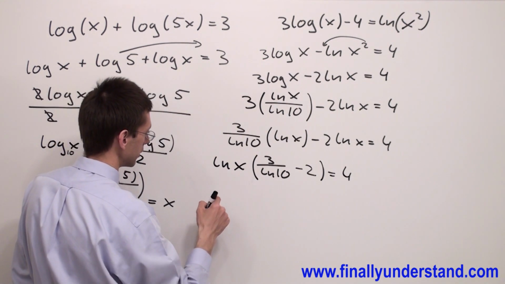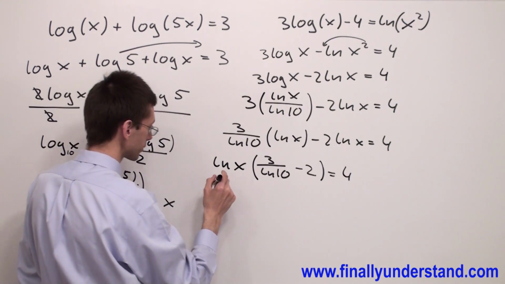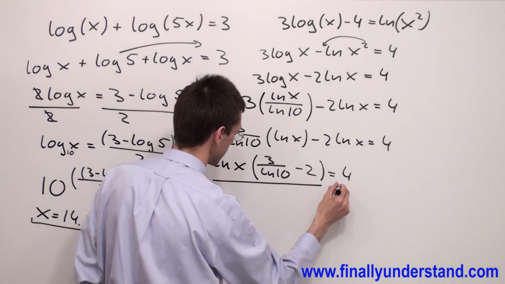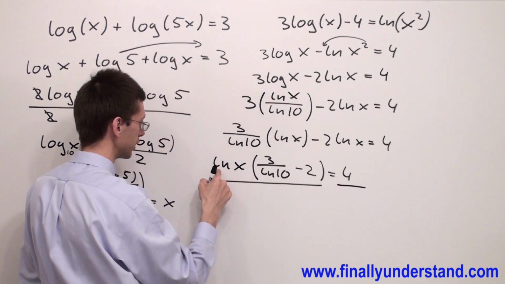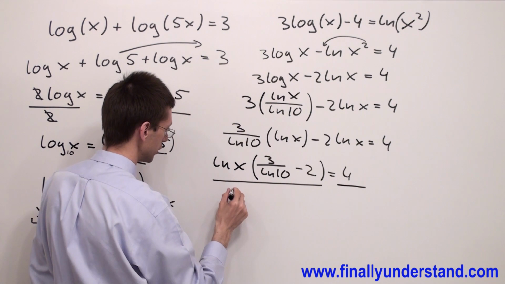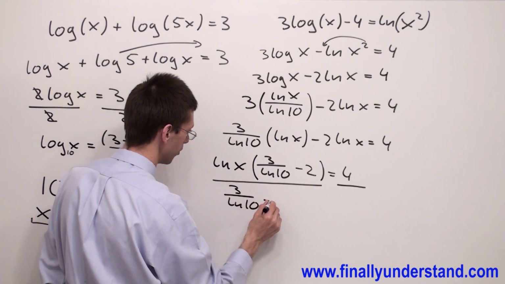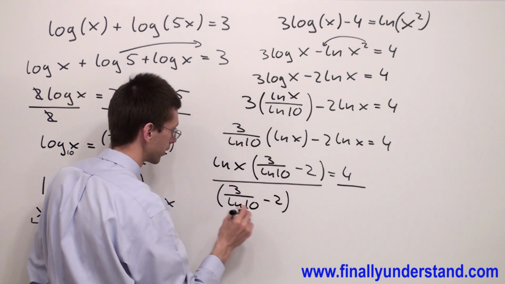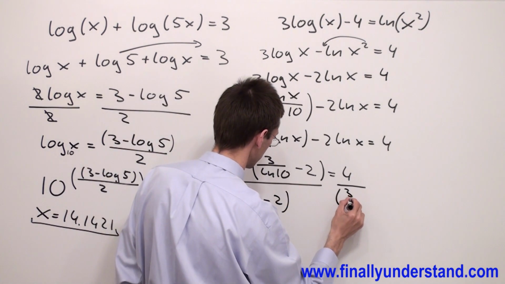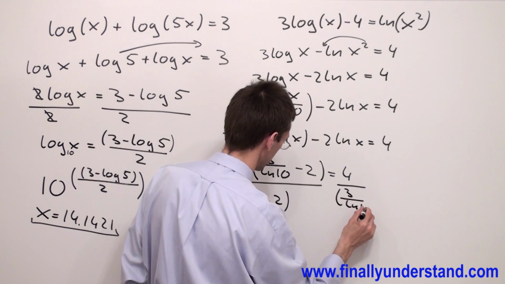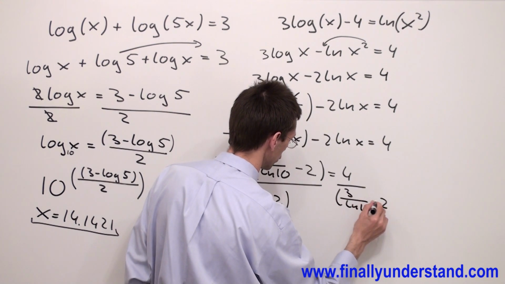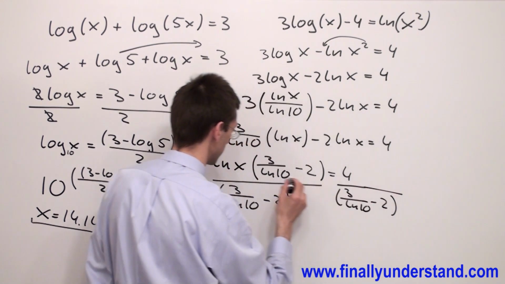Next, I'm going to divide both sides of the equation by whatever is multiplied to my natural log of x. So divide by 3 over ln 10 minus 2.